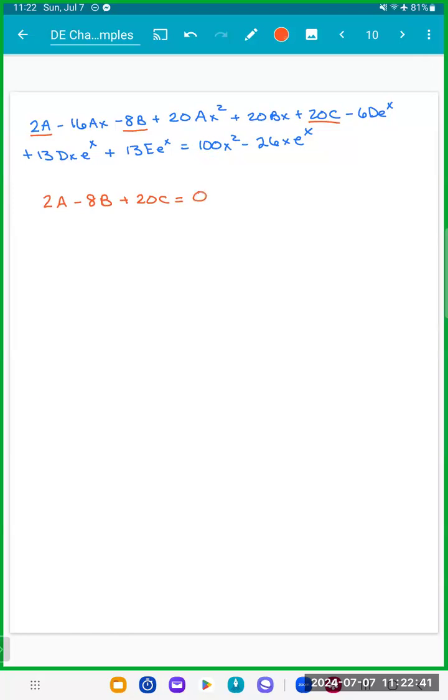Okay. Moving on to the next one, let's look at where we have just a singular x. We have that with negative 16ax, we have it with 20bx, and we don't have any cx's.